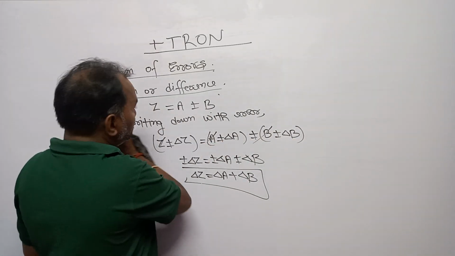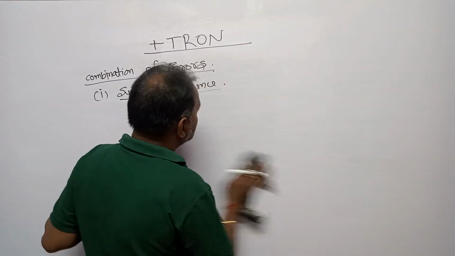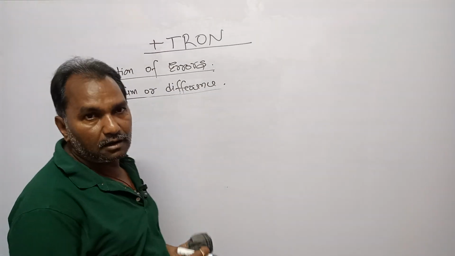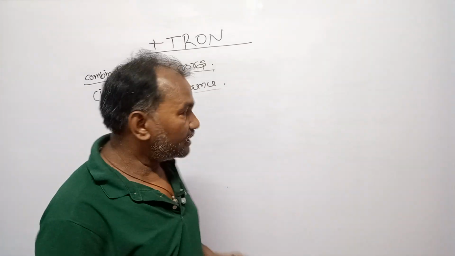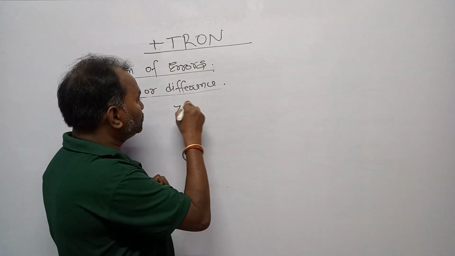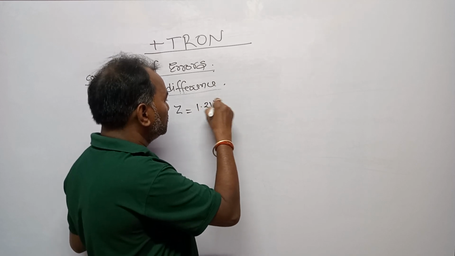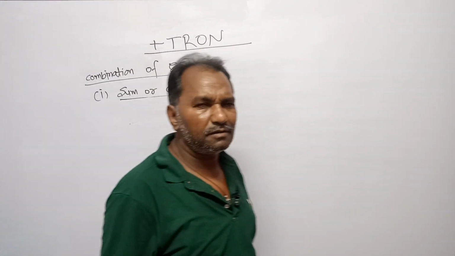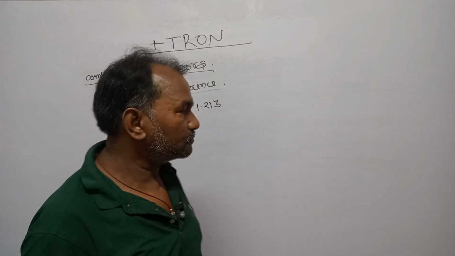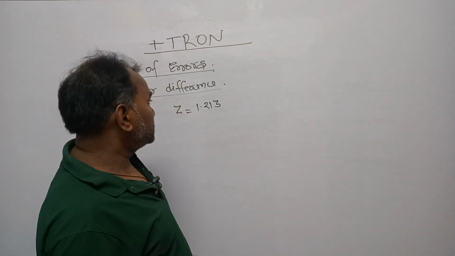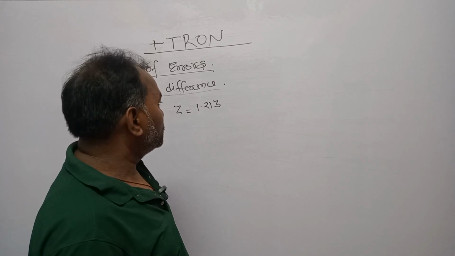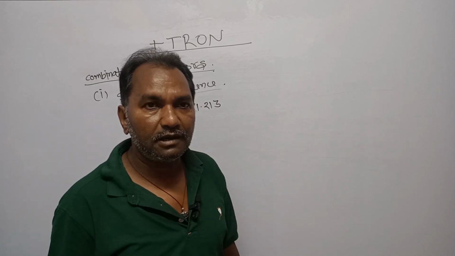Some little things you should know. Like a value is given, z is equal to 1.213, might be meter, centimeter, kg, whatever unit, I am not considering. Then how do you find the error?